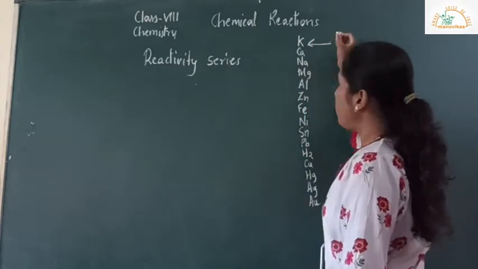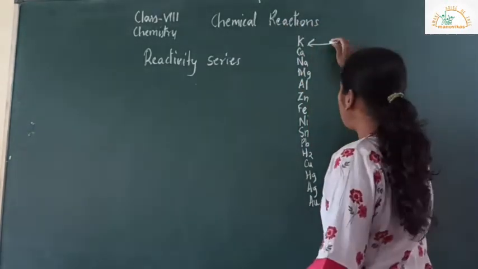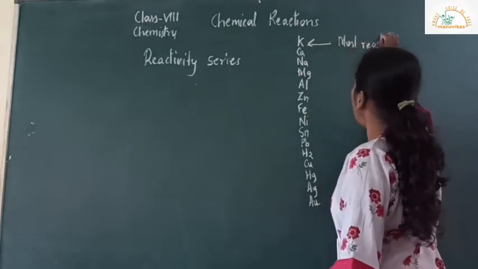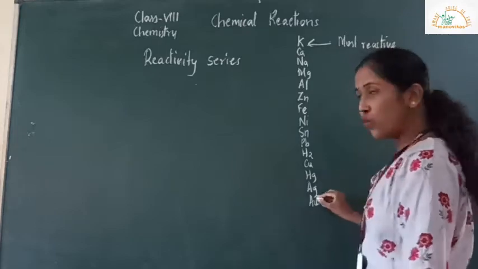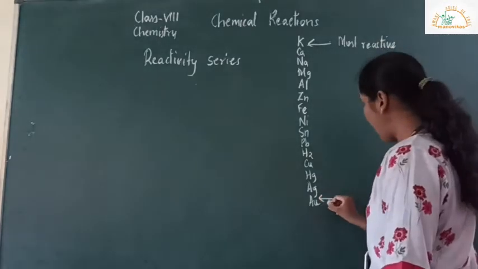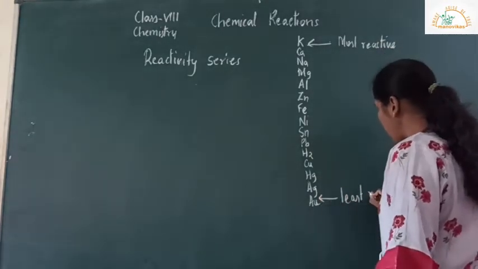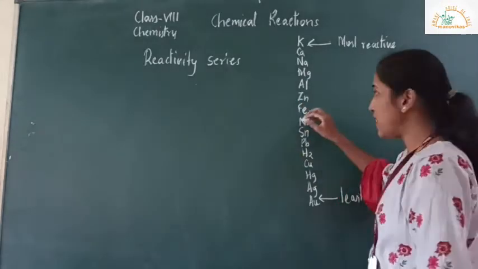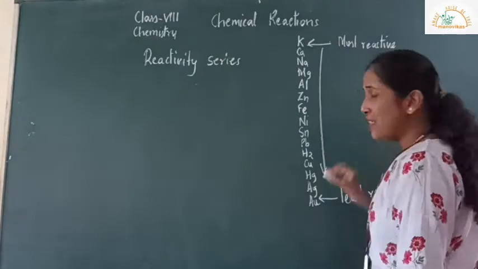So here we know that potassium is most reactive and gold is least reactive. So in the reactivity series, it goes on decreasing.